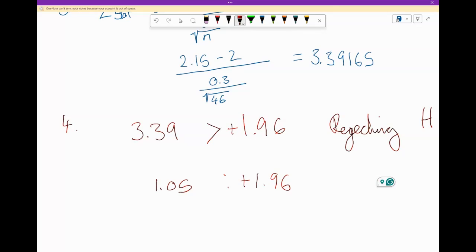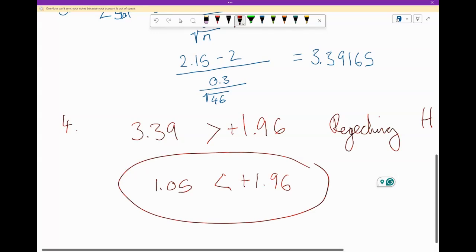We said our rule is if it is greater than 1.96, then we reject. But is it greater than? It's less than. So what would we do in this instance? We would accept the null hypothesis. So we would basically say we are accepting that the cartons are 2 liters.